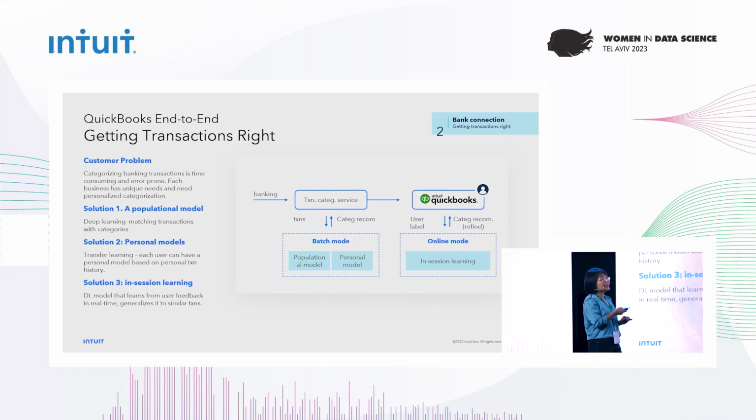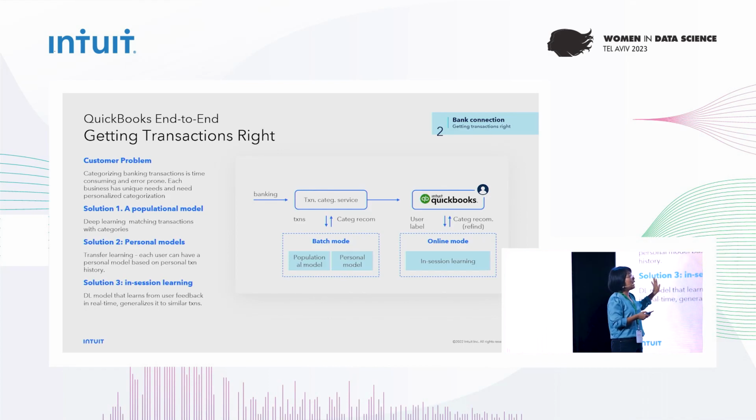So therefore, depending on the maturity of this user, it is either the population model or the personal model providing offline recommendation. And then once the user enters QuickBooks, the user puts in user labels, and that user label triggers in-session learning. The changes would propagate to all similar transactions in real time.